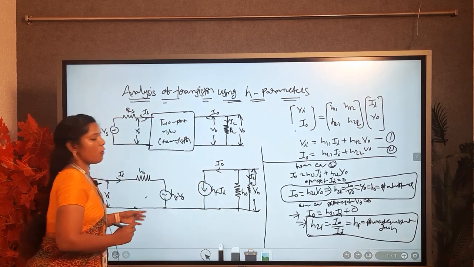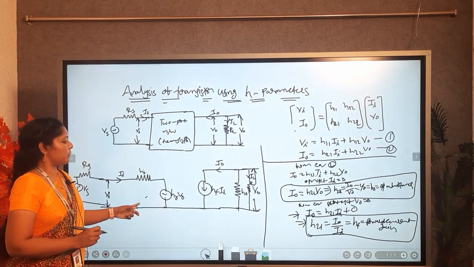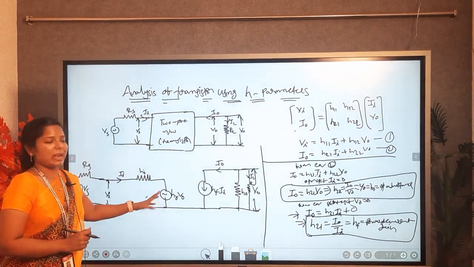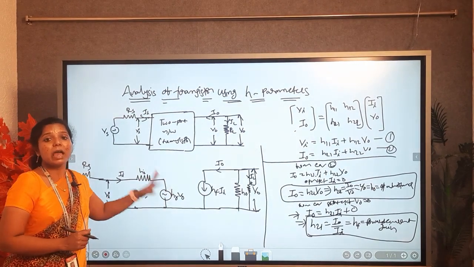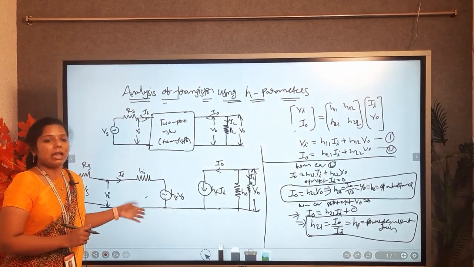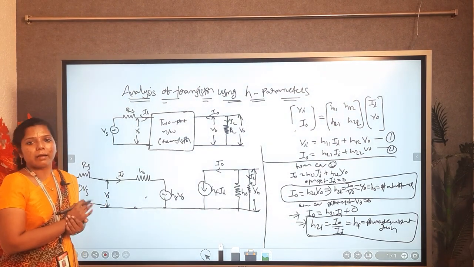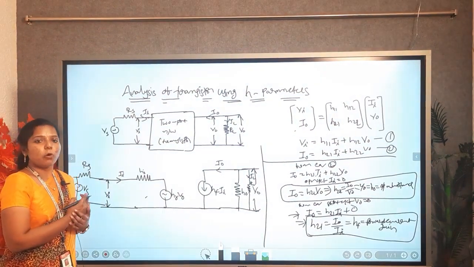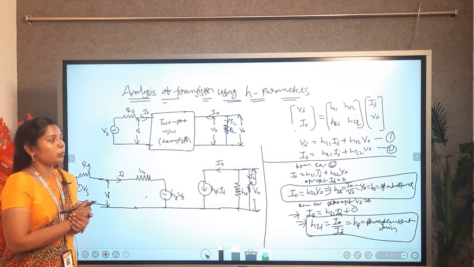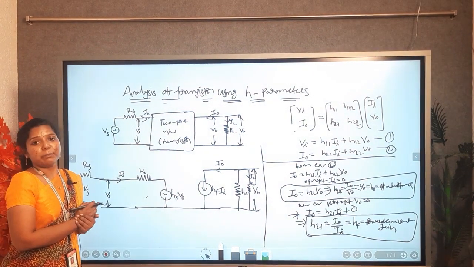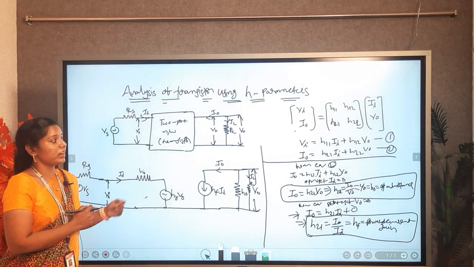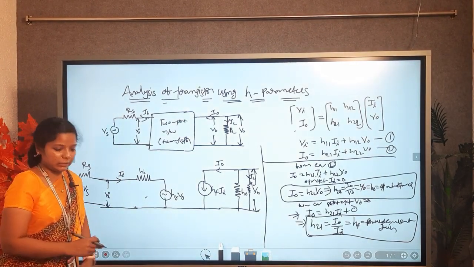This is the overall transistor using the H parameter model. In this analysis we are calculating the current gain Ai, voltage gain Av, output impedance Z0, and input impedance Zi.